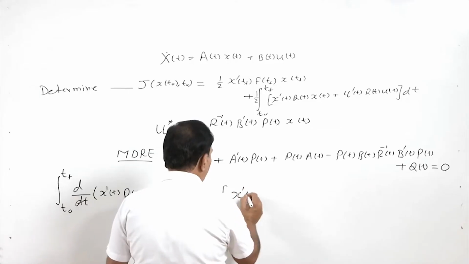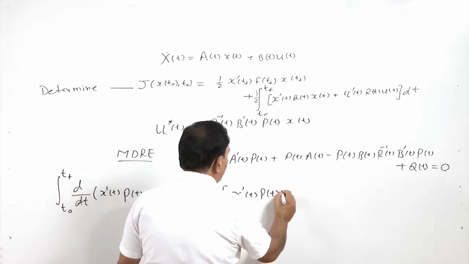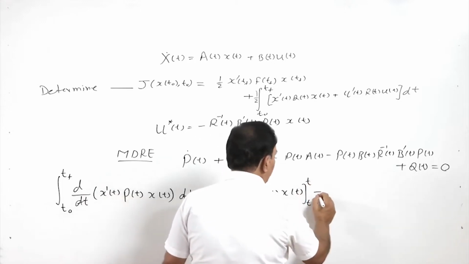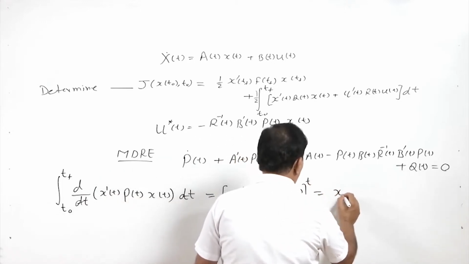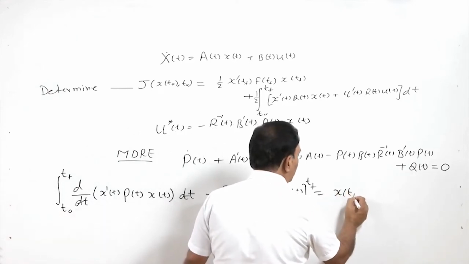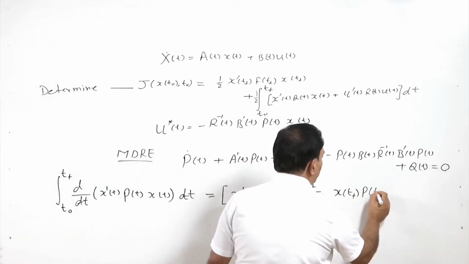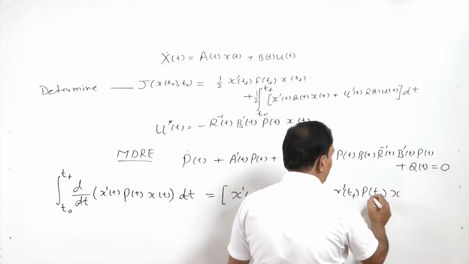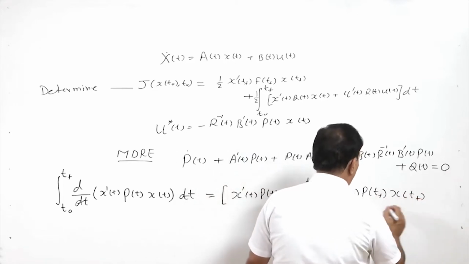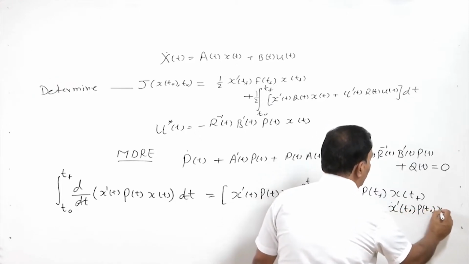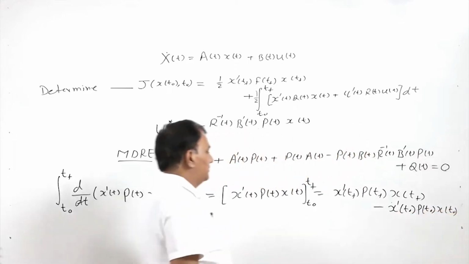This can be written as x transpose of tf, P of tf, x of tf minus x transpose t0, P of t0, x of t0.